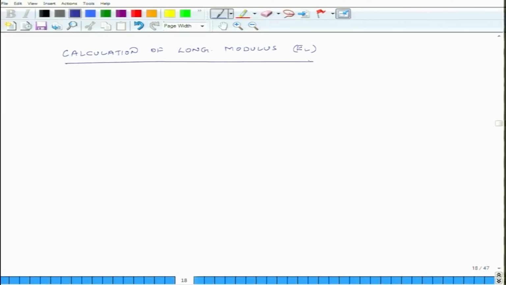Longitudinal modulus. Now, before we start computing this, we have to understand what is happening in the system. So, I will make a picture. Let us say this is what the sample looks like, and the fibers.